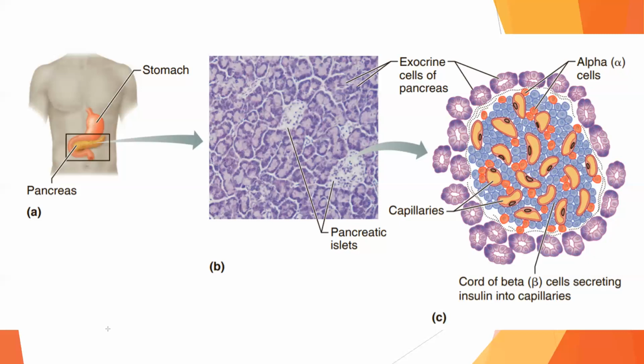That would be your glucagon. Those are the two hormones produced by your pancreas. We have your insulin to lower the blood glucose level, and glucagon to raise blood glucose levels.